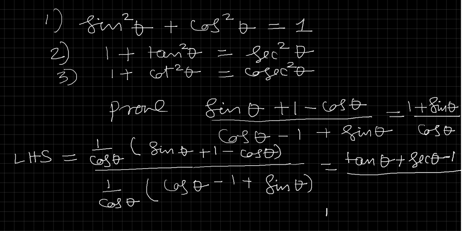On the denominator, again taking 1 by cos theta, this becomes 1 minus 1 by cos theta, that is secant theta, and sin theta by cos theta, that is tan theta.